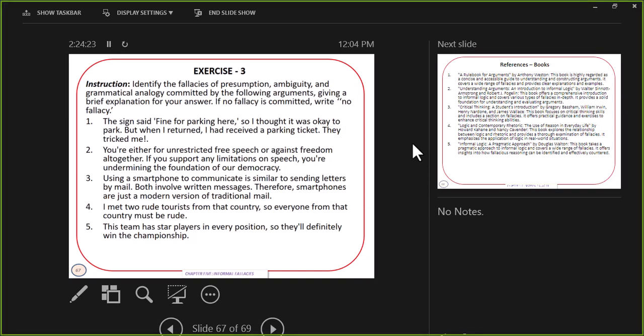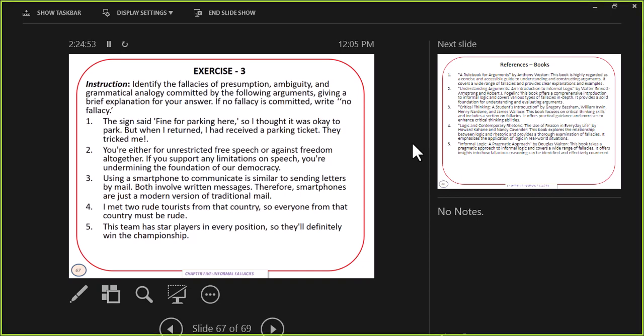Yes, now question number 4. Let's reflect. I met two rude tourists from that country, so everyone from that country must be rude. We said it's hasty generalization. Why is it not composition? Hasty generalization and composition are similar in certain features. Why is it not composition?